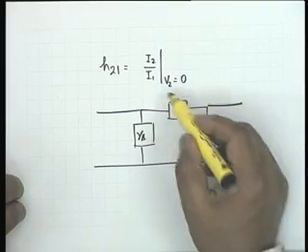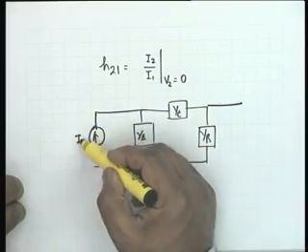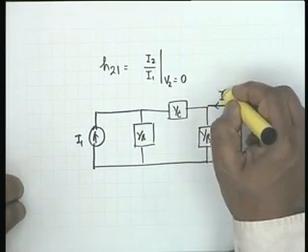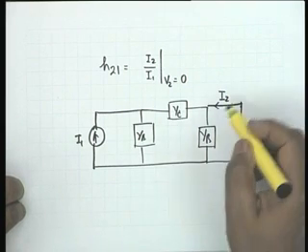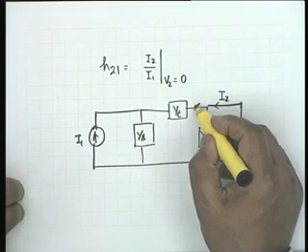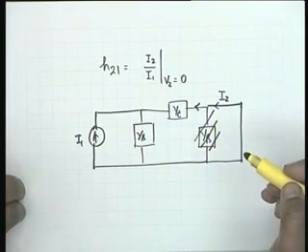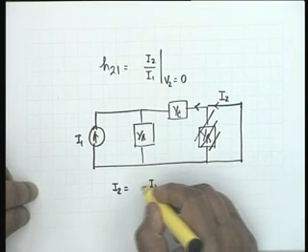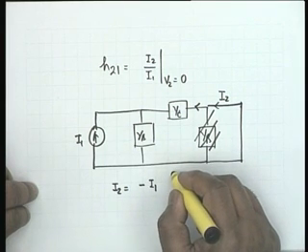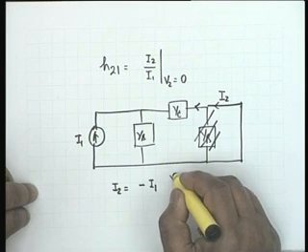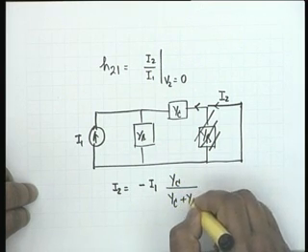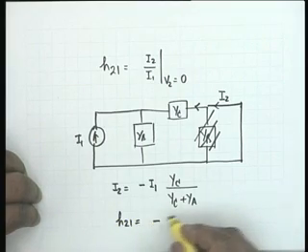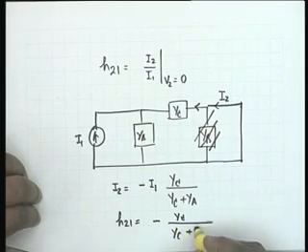Obviously the excitation is I1, there is a current source I1, and you are required to find out this current I2, which is obviously the current in YC also, because YB goes out of the picture being short circuited, and therefore I2 would be equal to I1 times YC divided by YC plus YA, with a negative sign. Is that okay?